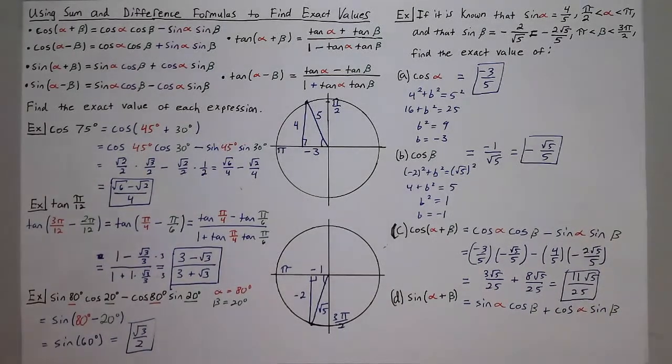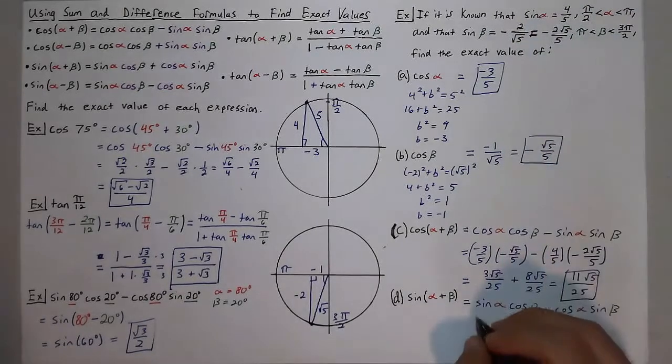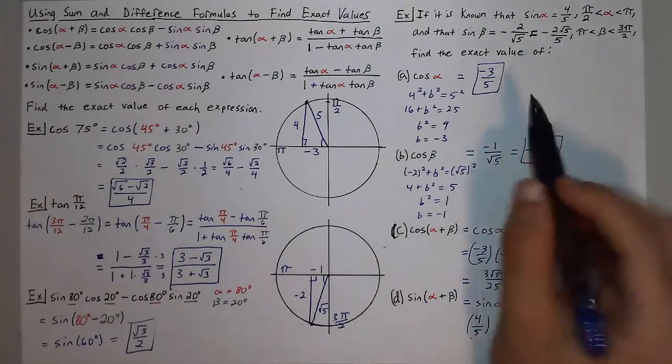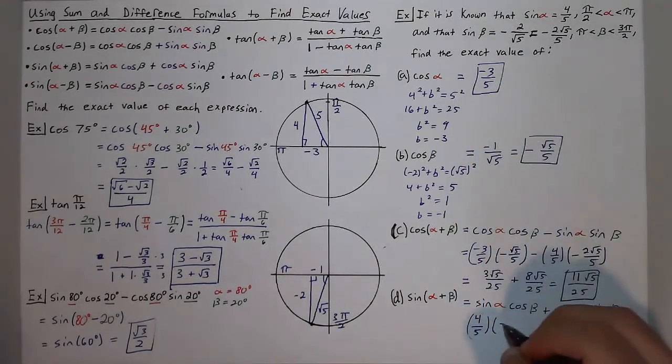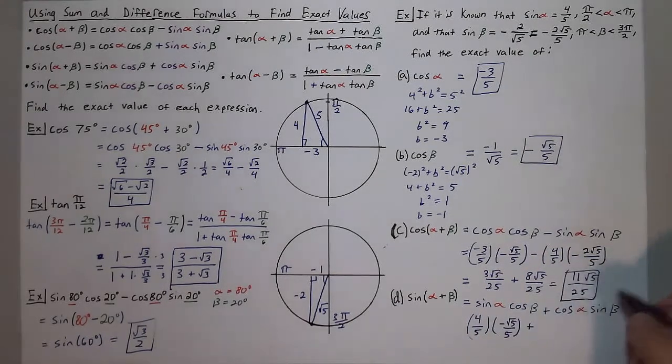And going through and plugging them in, sine of alpha is 4/5 times cosine of beta, which was negative square root of 5 over 5, plus cosine of alpha, which was negative 3/5, times sine of beta, which was negative 2 square roots of 5 over 5.